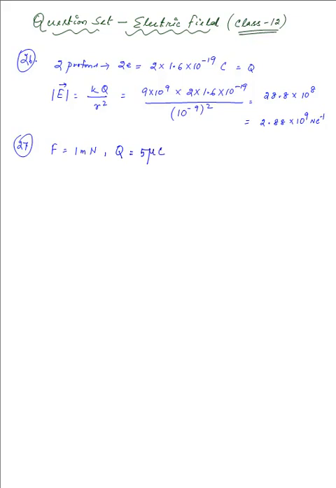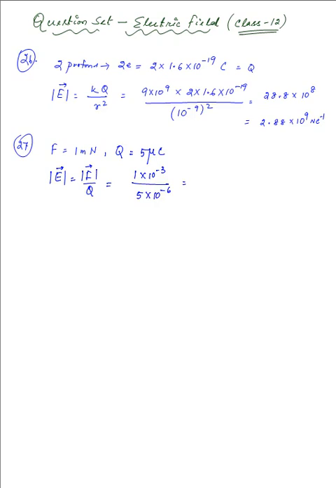So we wish to determine the electric field. Now the electric field we know is F over Q, because F is equal to Q times E. We are only dealing with the magnitude as of now. So we have the value of F, that is 10 raised to the power minus 3 for milli, and 5 times 10 raised to the power minus 6 for micro.